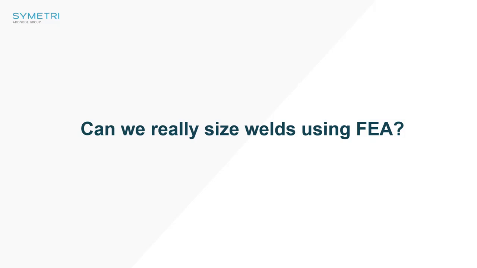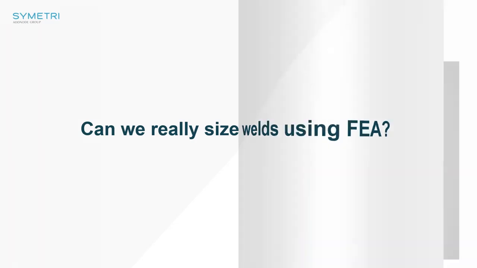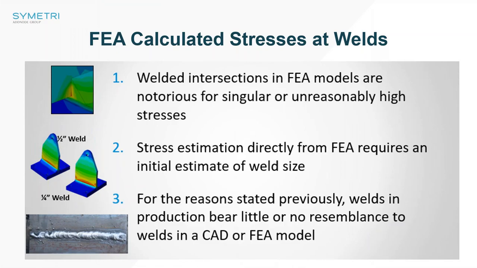Now, if you have been using FEA for some time, and you have tried to model welds, one of the biggest issues we have is that we get hotspots or stress singularities or localized yielding.